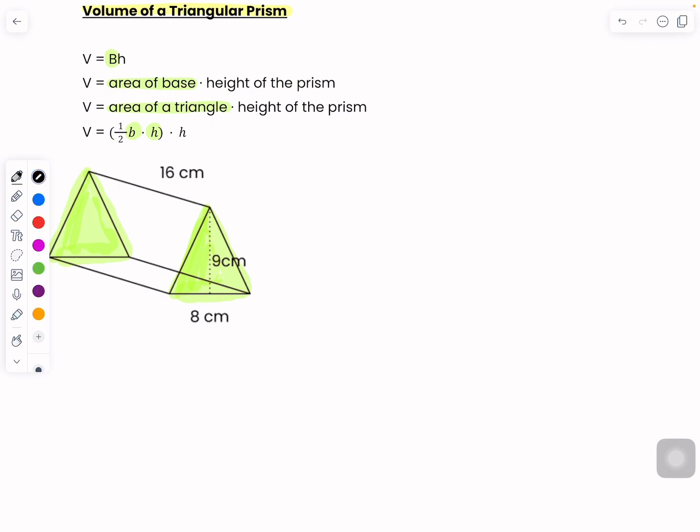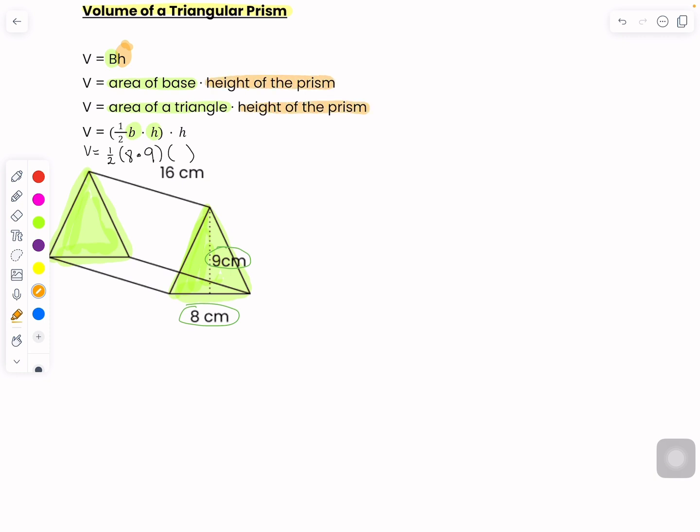So we know that the dimensions of our triangle have a base of 8 centimeters and a height of 9 centimeters. Volume equals 1/2 of 8 times 9 times, again, the height of our prism.